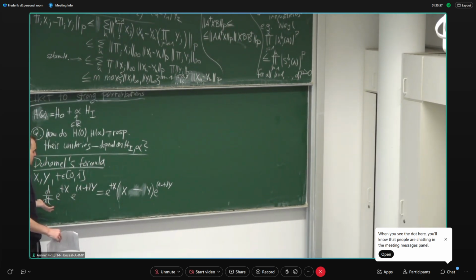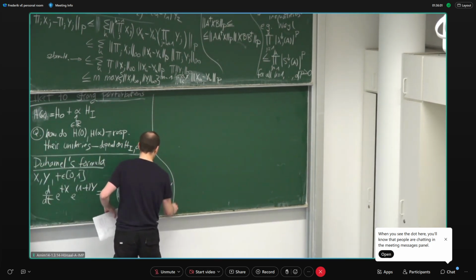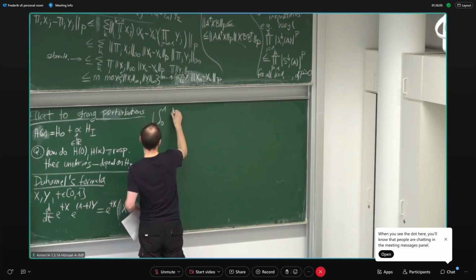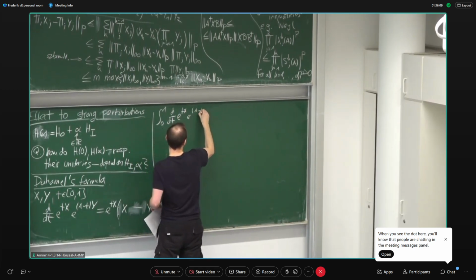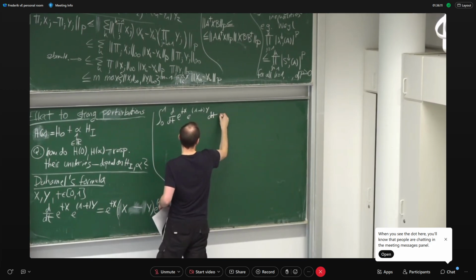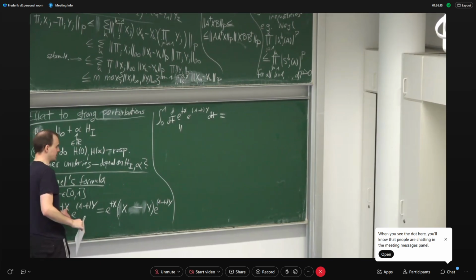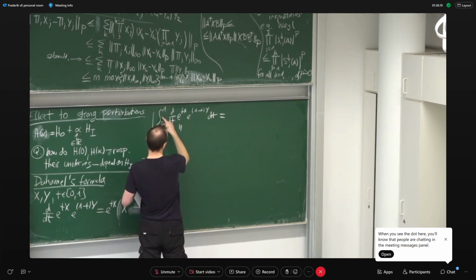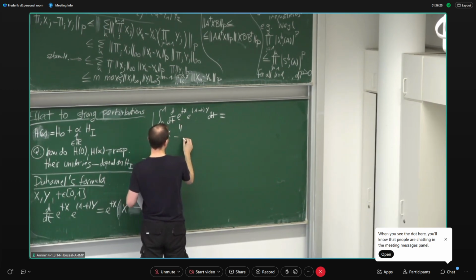Okay, now if we just integrate this back from 0 to 1, then we'll just get this expression at the boundaries. So at t equals 1, this is just e to the x. At t equals 0, this is e to the y.